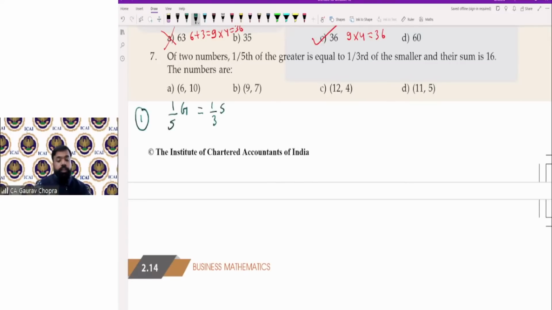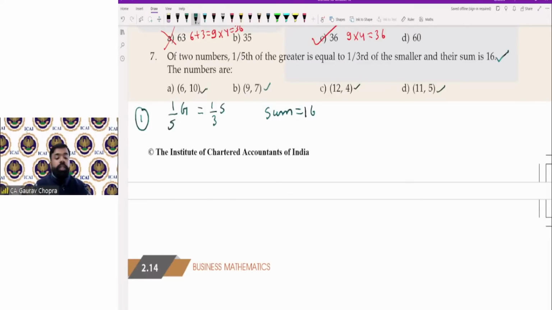This is the first condition. And second is sum is equal to 16. The second condition is satisfied by all the options. All four options sum to 16. 6 + 10 is 16, 9 + 7 is 16, 12 + 4 is 16, 11 + 5 is 16. So the second condition is satisfied by all.